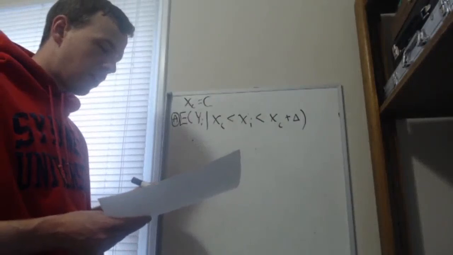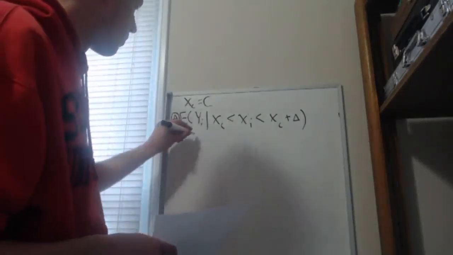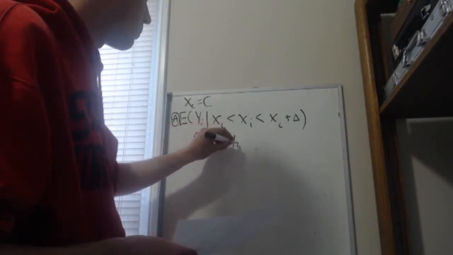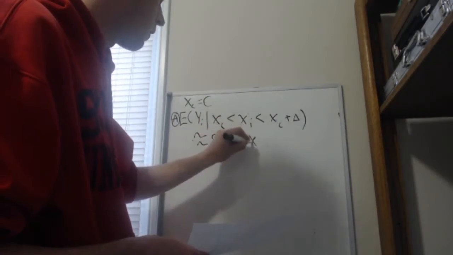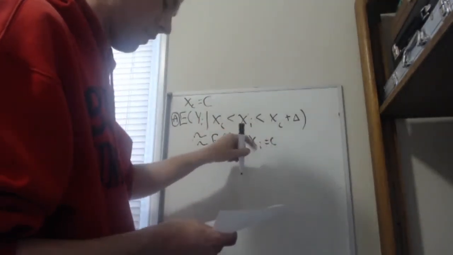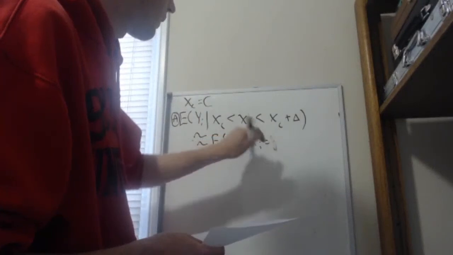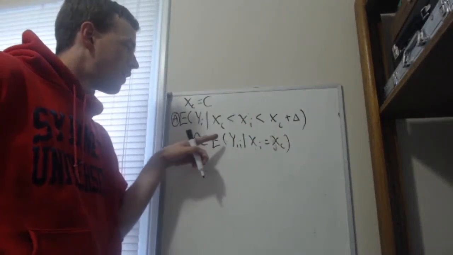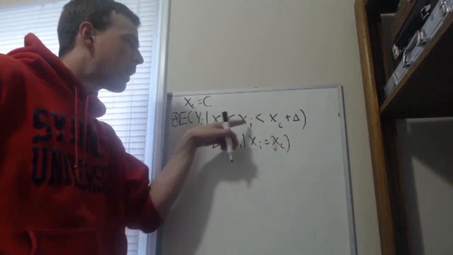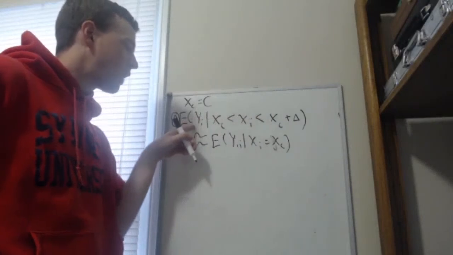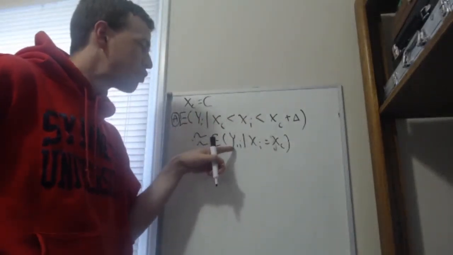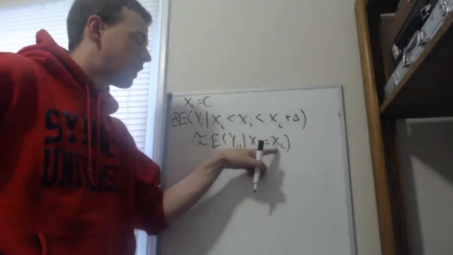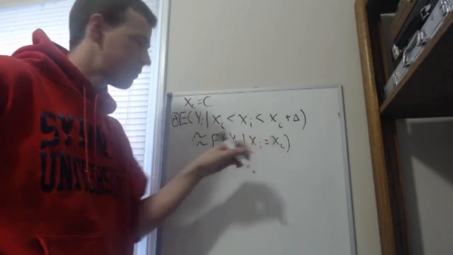And this A, we can say, is approximately equal to the expected value of Y1i given Xi equals Xc. For people who are just barely above the threshold, their average outcome is representative of the average outcome for people who get the treatment, who are above the cutoff, but whose assignment value was exactly at the cutoff.